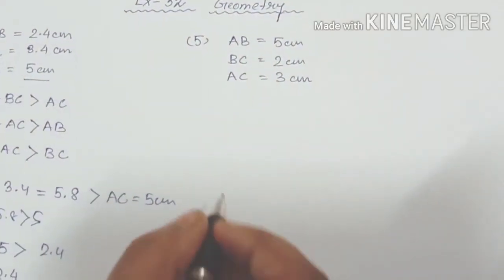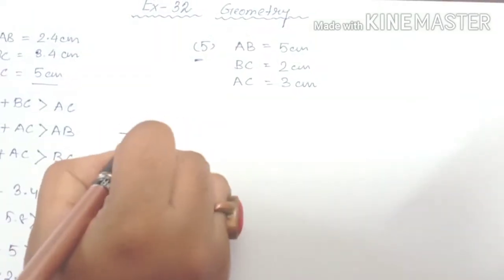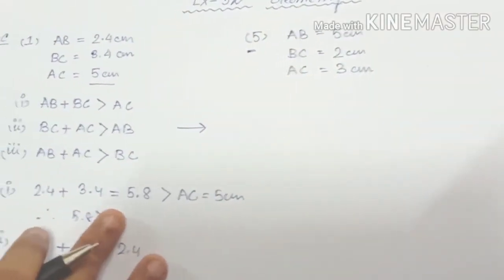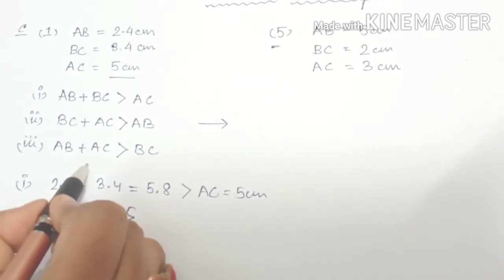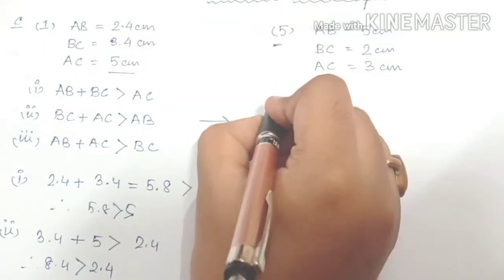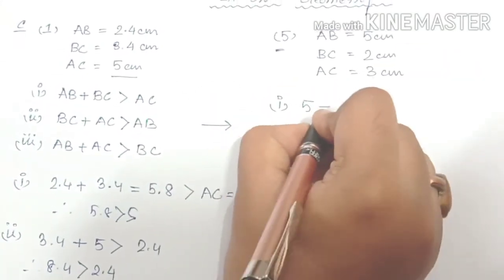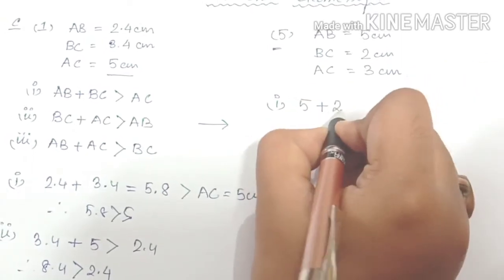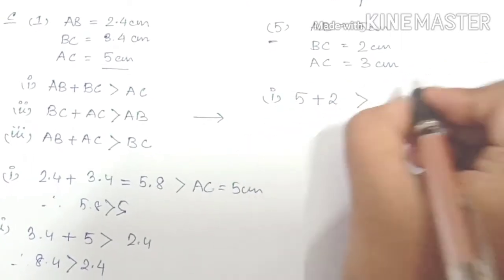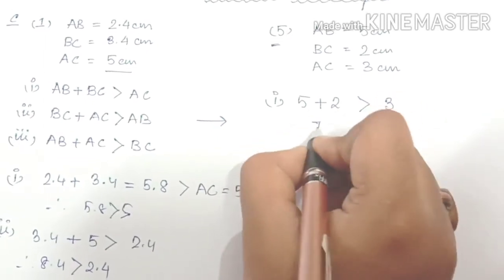Now for the second one, that is number 5, here we are going to apply the same as here. We have already known the conditions. Therefore, for number 1, what is AB? That is 5 centimeter plus BC is 2 centimeter. It should be greater than 3 centimeter. That means 5 plus 2, that is 7.